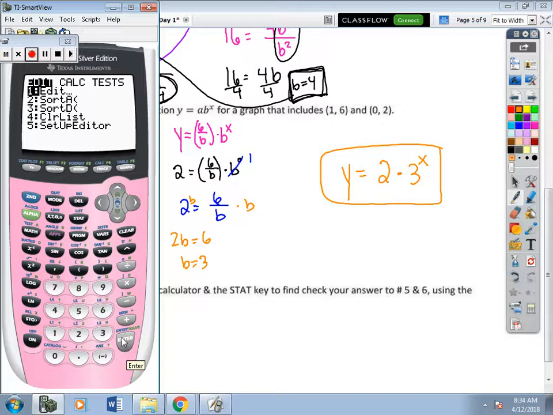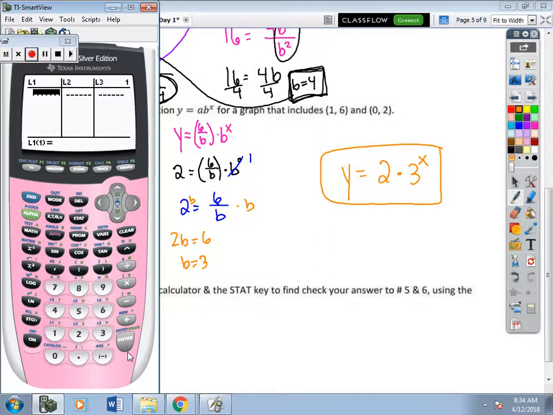So if we press our stat button, edit. Okay, you got to clear out whatever you have in there for your lists. If you arrow up to the top and hit clear, not delete, you can clear those out. And then you would just type in your 2 points, L1 being x and L2 being y. So 1 and 0 and 6 and 2.